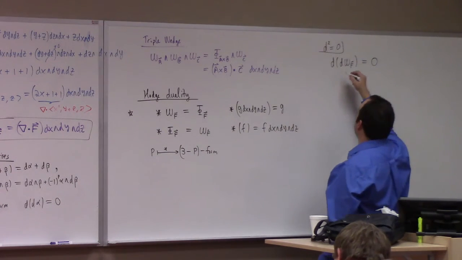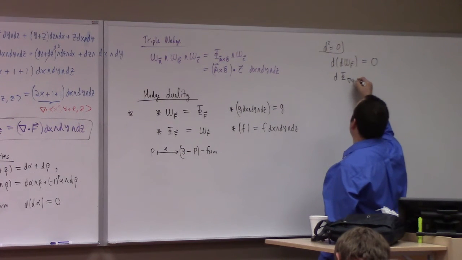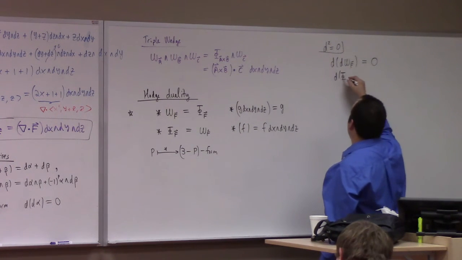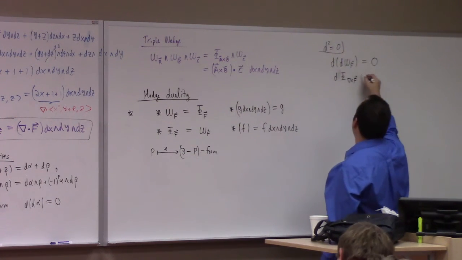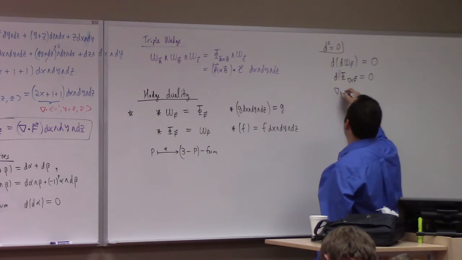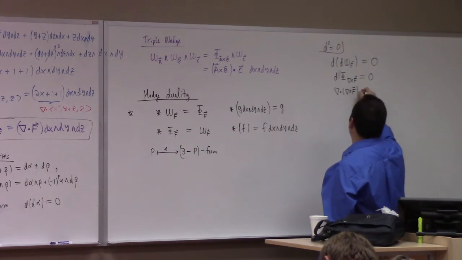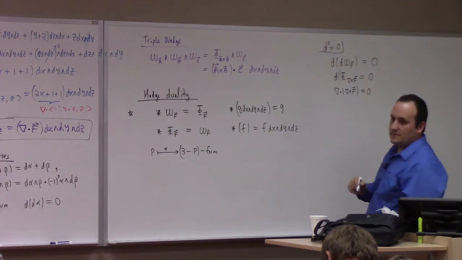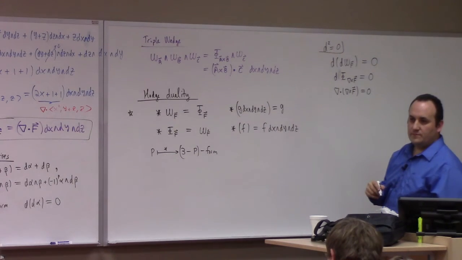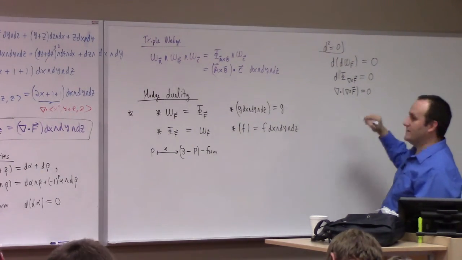This says the differential of the flux form of the curl of f is equal to 0, right? Which says what? The divergence of the curl of f is equal to 0. Good to know. We proved this before.